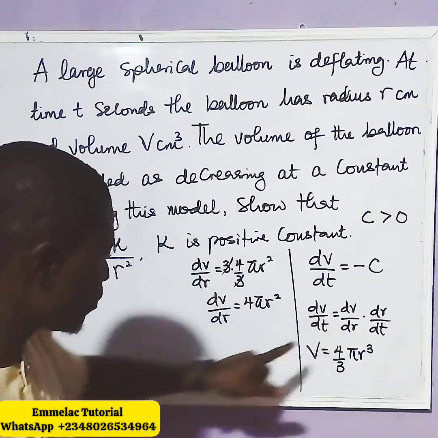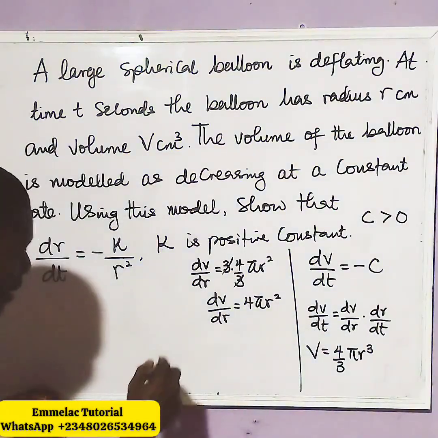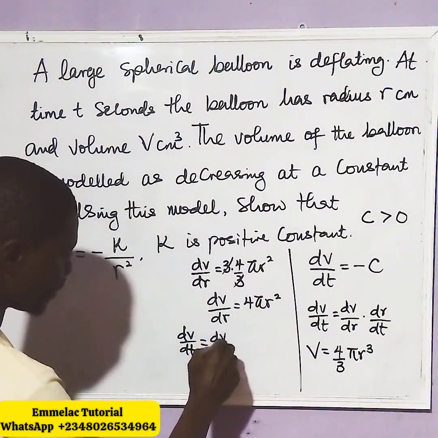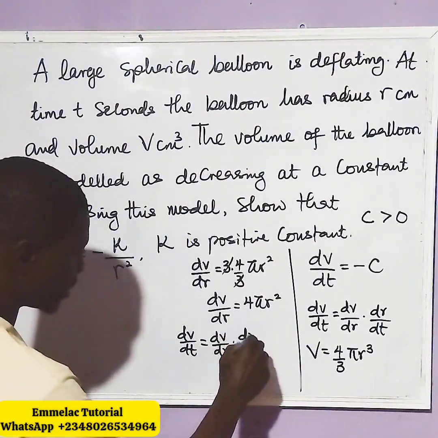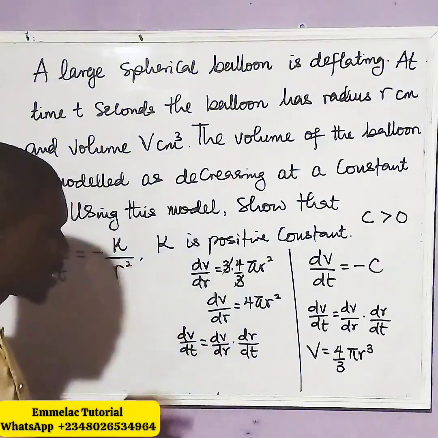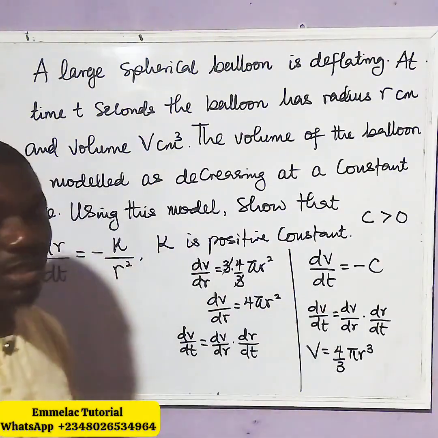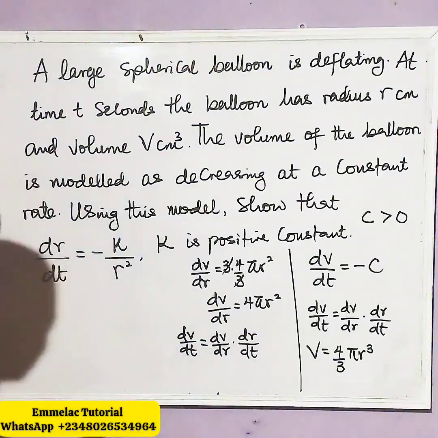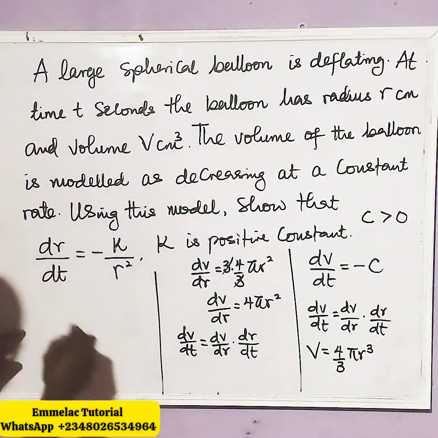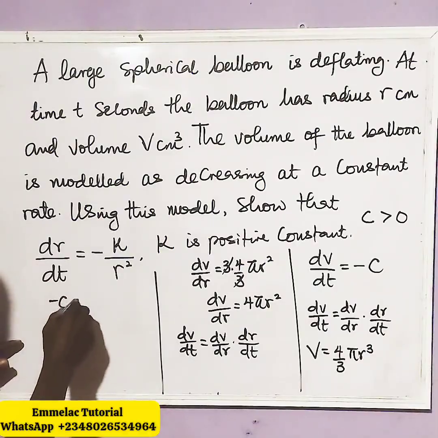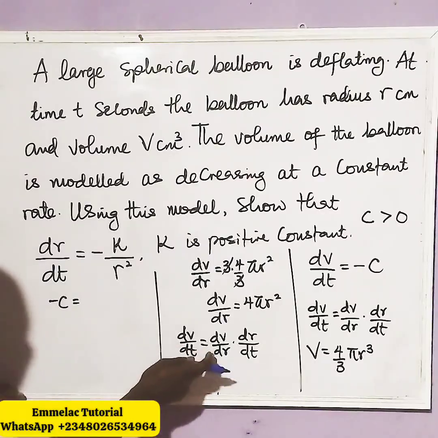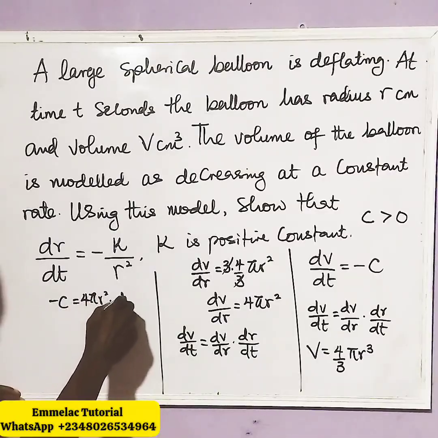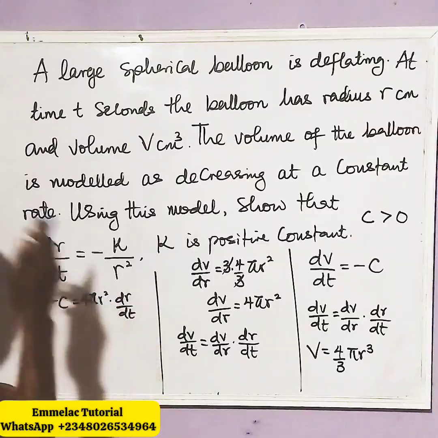We've gotten this, so we now have that dV/dt equals dV/dr times dr/dt. Where dV/dt equals negative c, and dV/dr equals 4 pi r squared, so here we have that negative c equals 4 pi r squared times dr/dt.